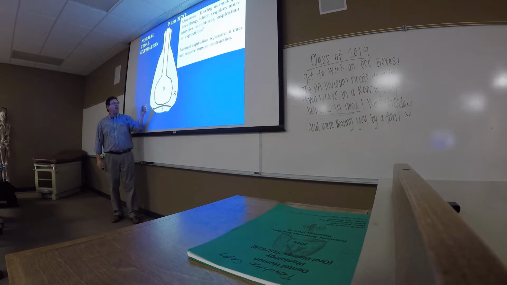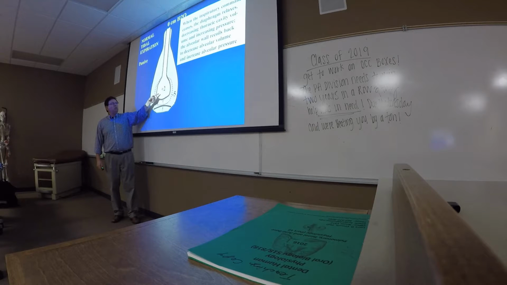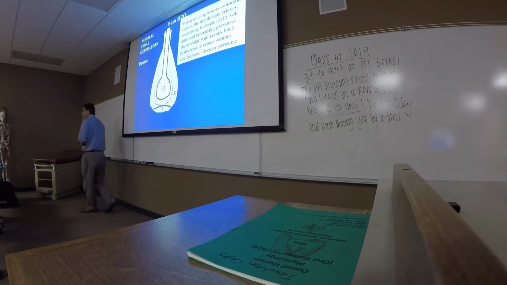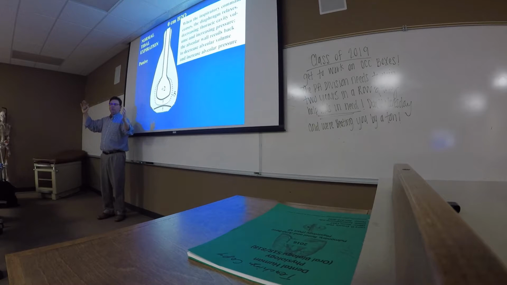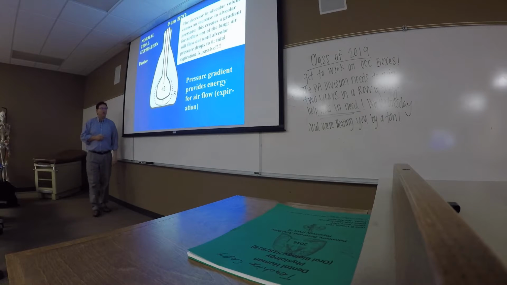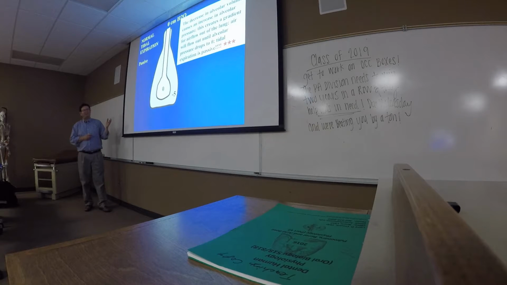And when they do that, they pressurize the gas in your alveolus. When they snap back to that original size, they're pressurizing the gas. Why? A decrease in alveolar volume leads to an increase in alveolar pressure. We now have a gradient for air to flow out. And so air will flow out, and flow out, and flow out, and finally we get back to zero.